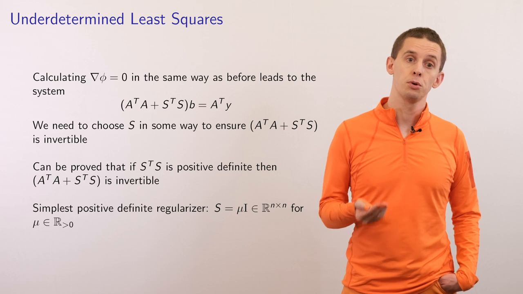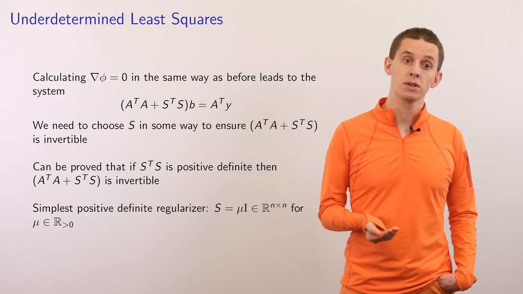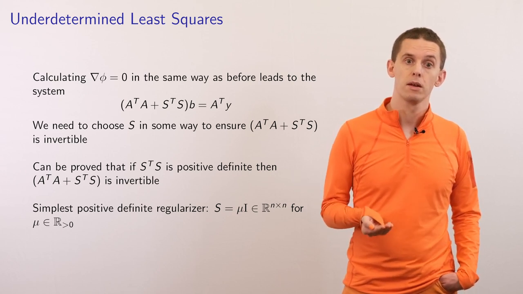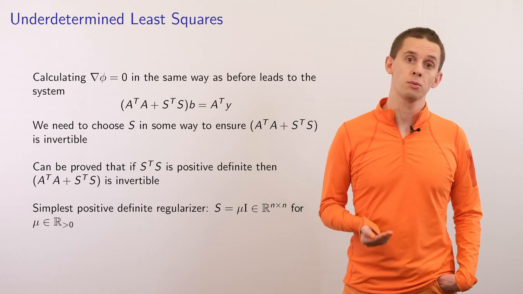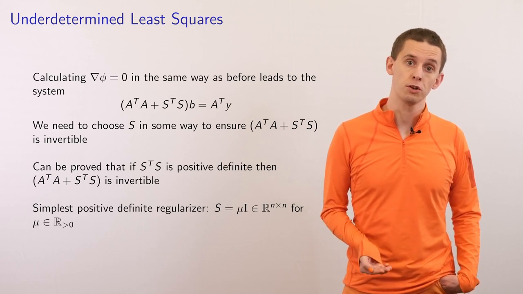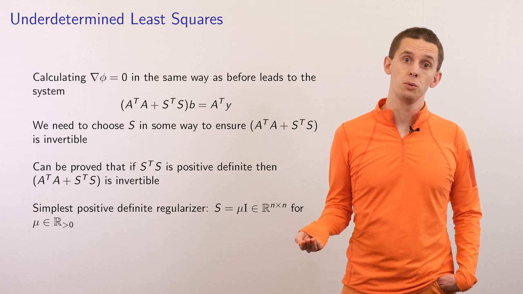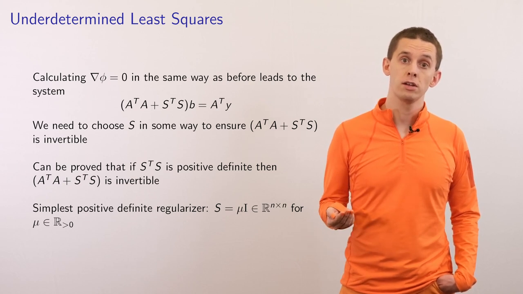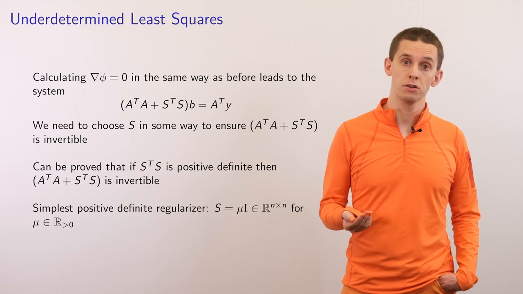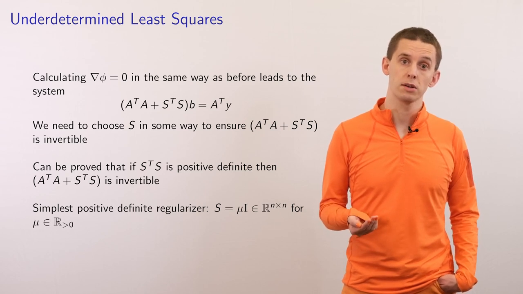You can actually prove that if S transpose S is positive definite, then this matrix will be invertible. And the simplest choice would be to set S equal to mu, some constant, multiplied by the identity matrix.